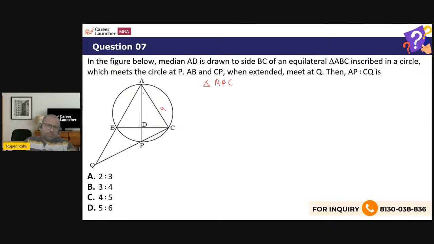Well, simply we know this is going to be 30 degree, right? Because this is the line of symmetry in the equilateral triangle. वो 60 डिग्री को बाइसेक्ट करेगा.